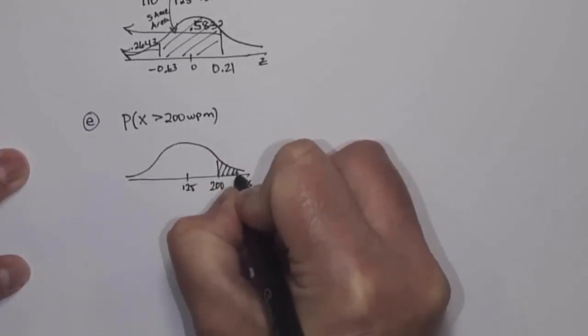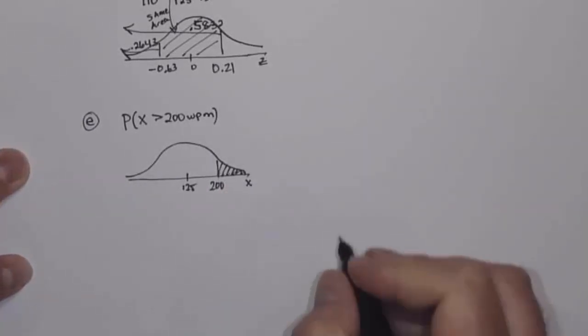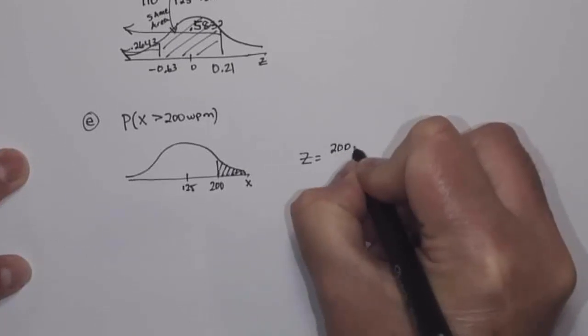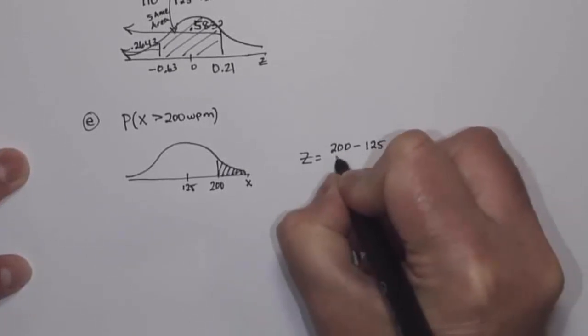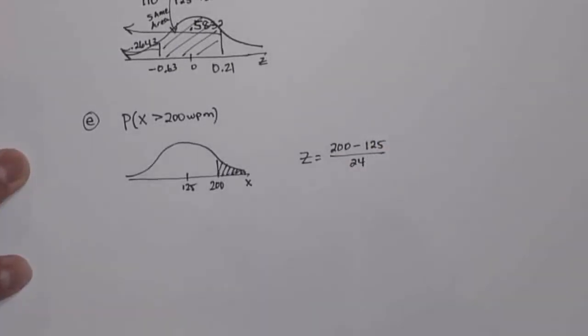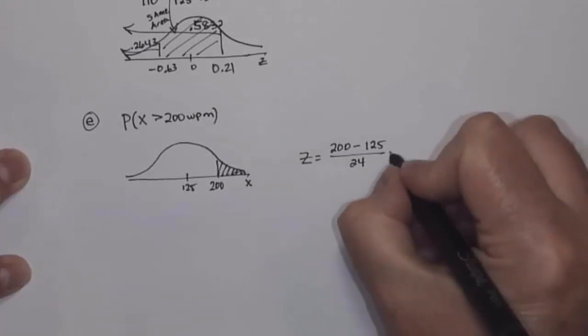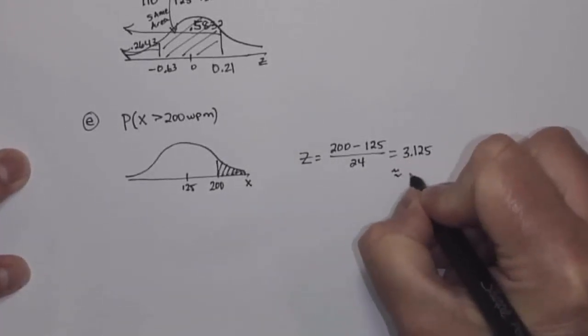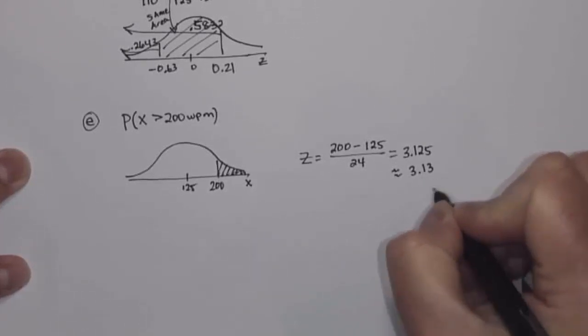We want to find the area to the right of 200. So changing 200 to a z-score, we'll have (200 minus 125) divided by 24. Now (200 minus 125) divided by 24, that is 3.125, or approximately 3.13.